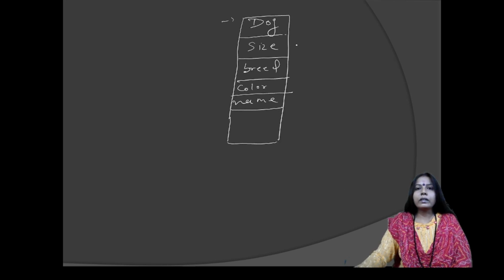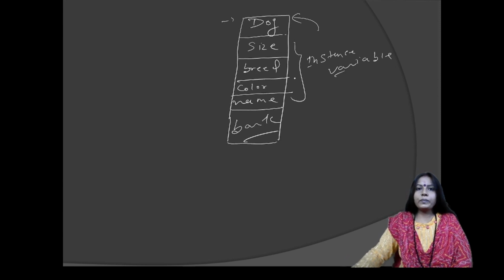What is this? This is the instance variables for this class. Okay. Now, what does this object do, what work does it do? This is the method.